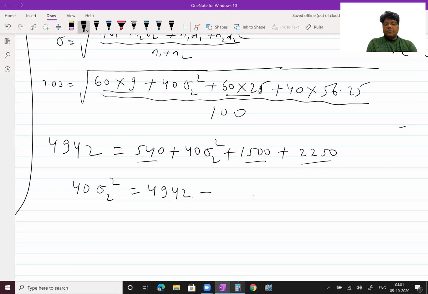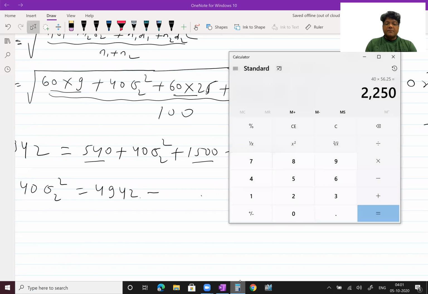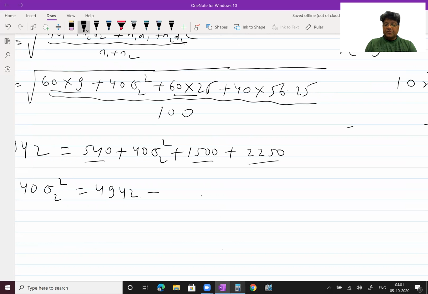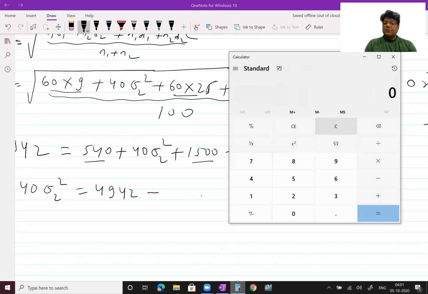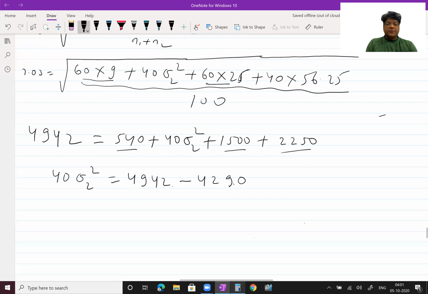So 40 into sigma 2 square is equal to 4942 minus 2250 plus 1500 plus 540, which is 4290.